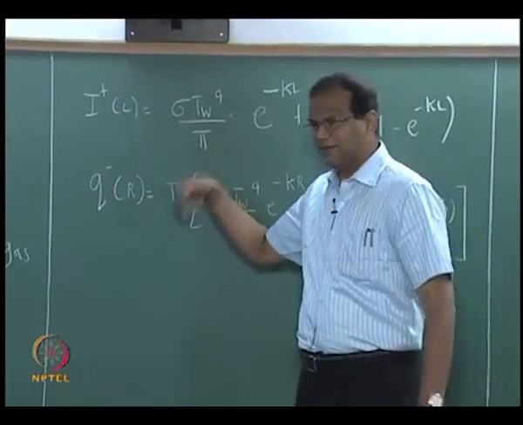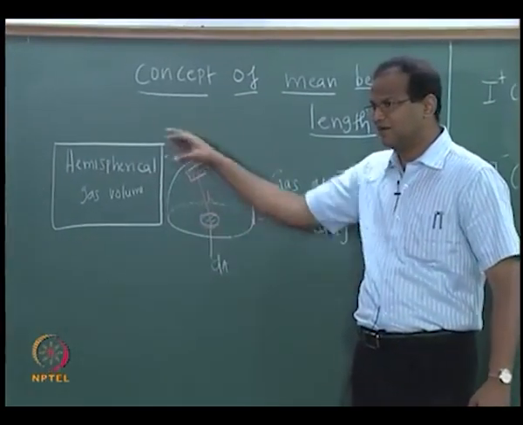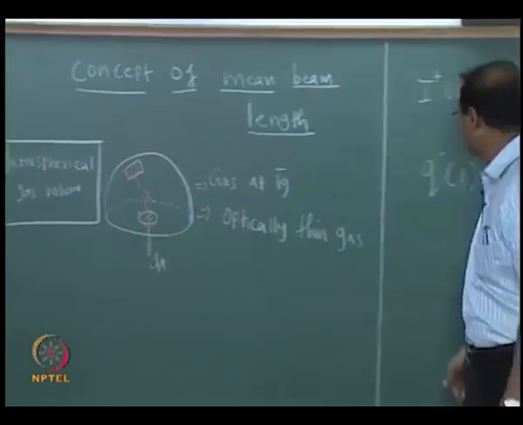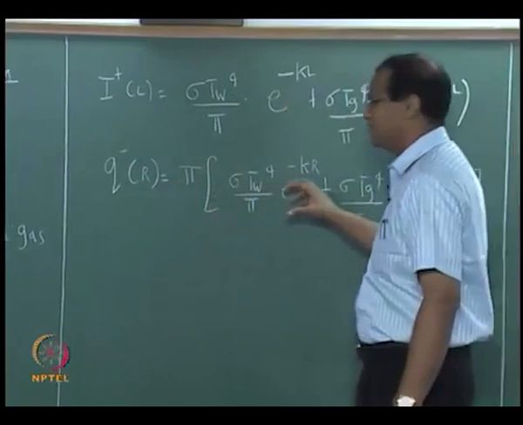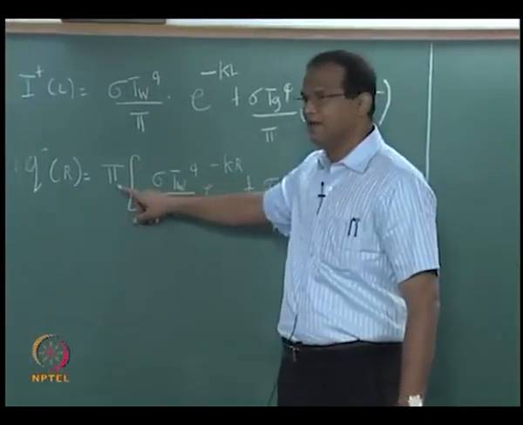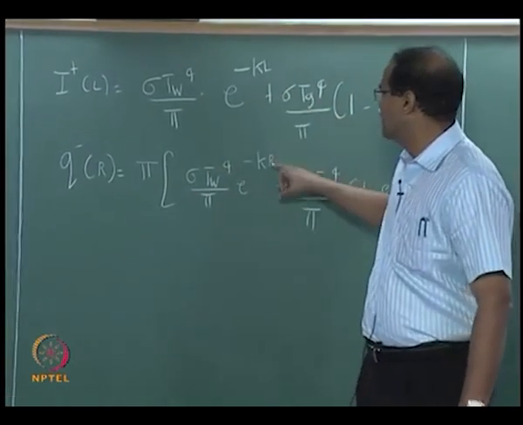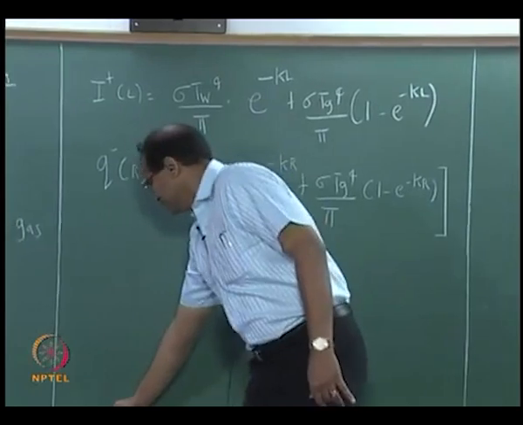Instead of I plus I am taking q minus, because q minus is arriving at this. I am considering r to be positive in this direction, it is minus. So I am saying q minus r will be pi times this intensity. I have just used this intensity expression, I multiplied by pi because it is isotropic. I also did one more thing, instead of L I have used r. There is no problem with this.